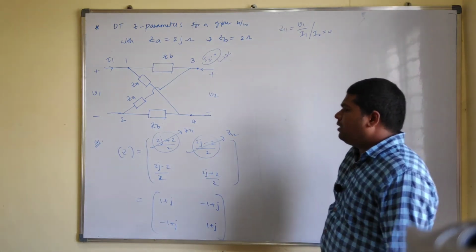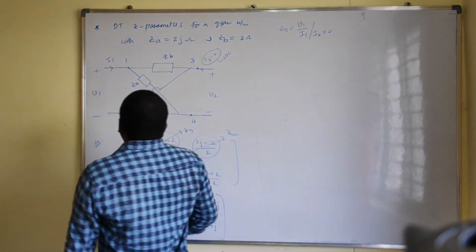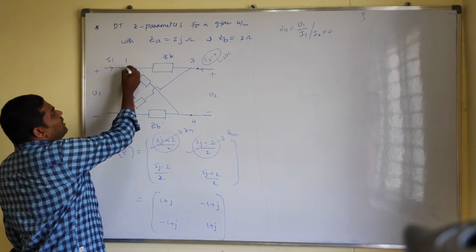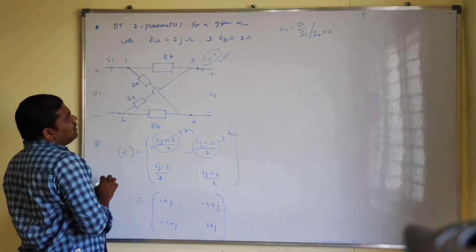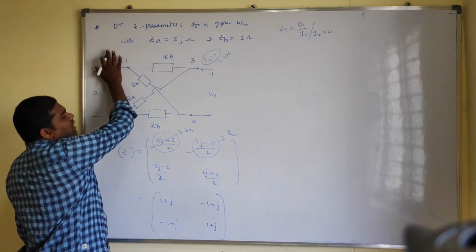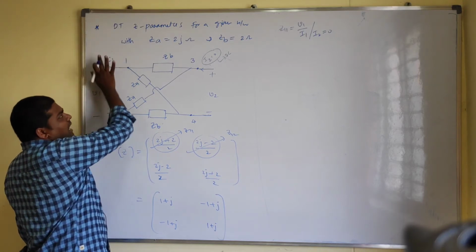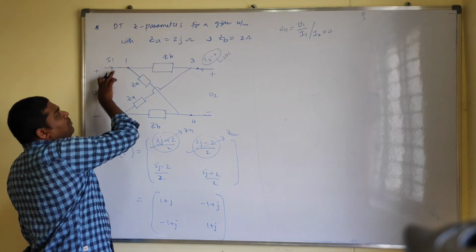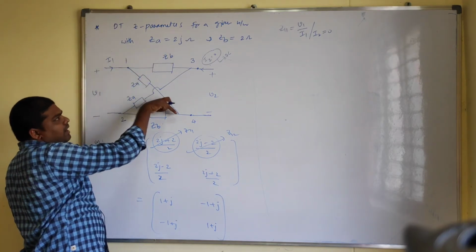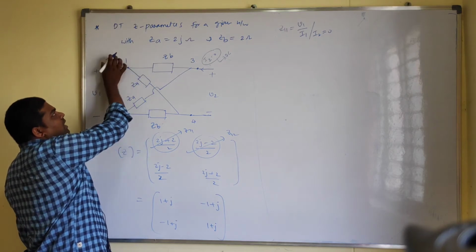Now here the current is divided into two parts at terminal 1. For example, if you assume here some current we have, that is I1. This I1 current can pass through this ZB element, and at the same time the ZA element. Up to this point we have current I1.